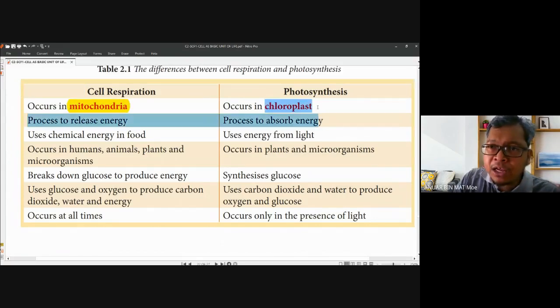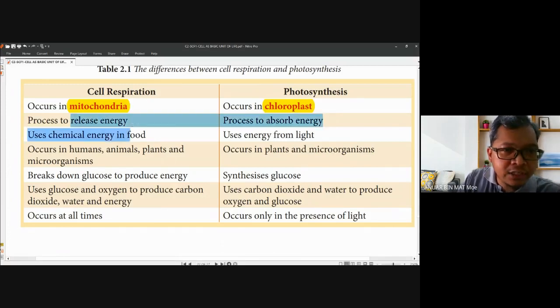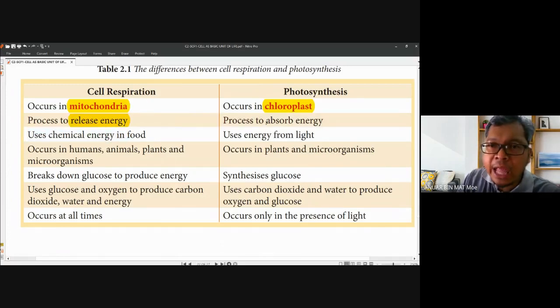Photosynthesis happens in the chloroplast. That is difference number one. Cell respiration releases energy. Photosynthesis absorbs energy. Cell respiration uses chemical energy in food. Photosynthesis uses energy from the light.